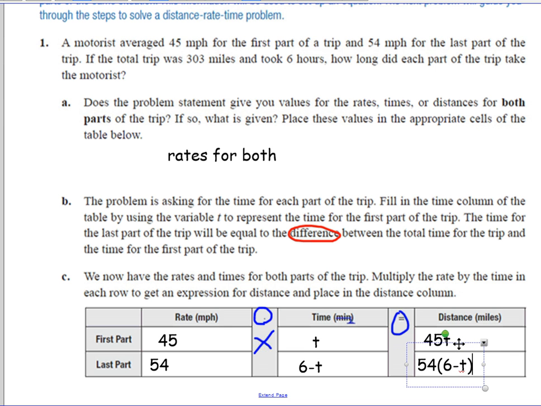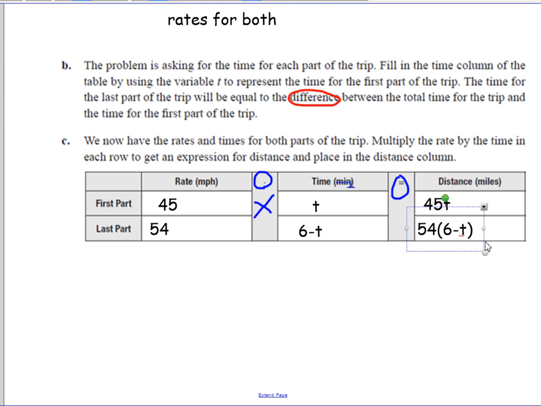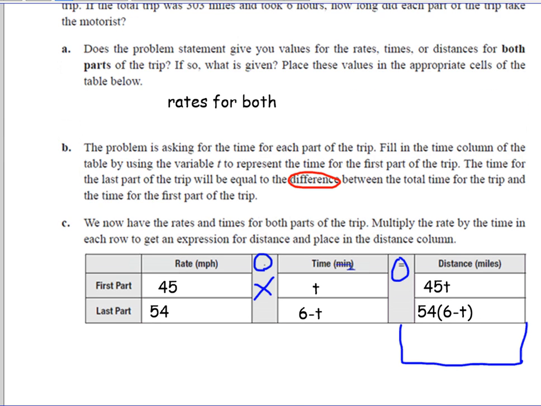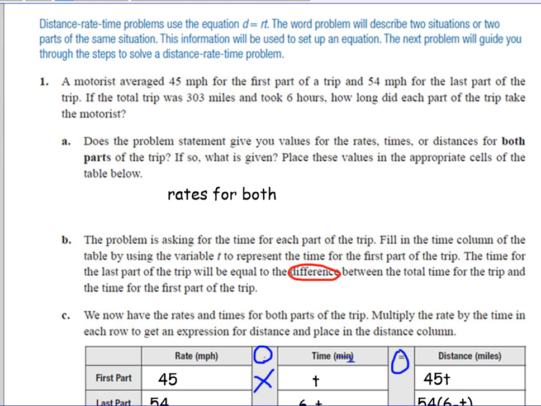And so now we have everything that we need to fill out in this chart. I wish they gave you another spot down here, because I like to be able to have next to my chart what is going on with things. Because the only other piece of information that they told us that we haven't used yet is the total trip was 303 miles.